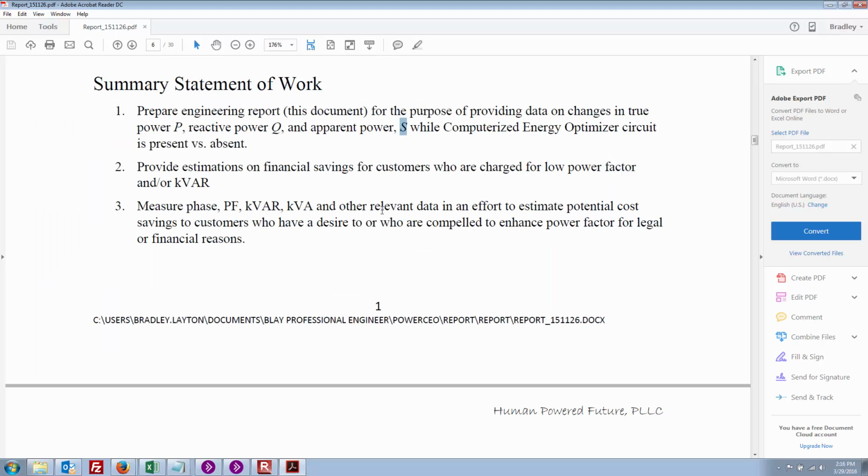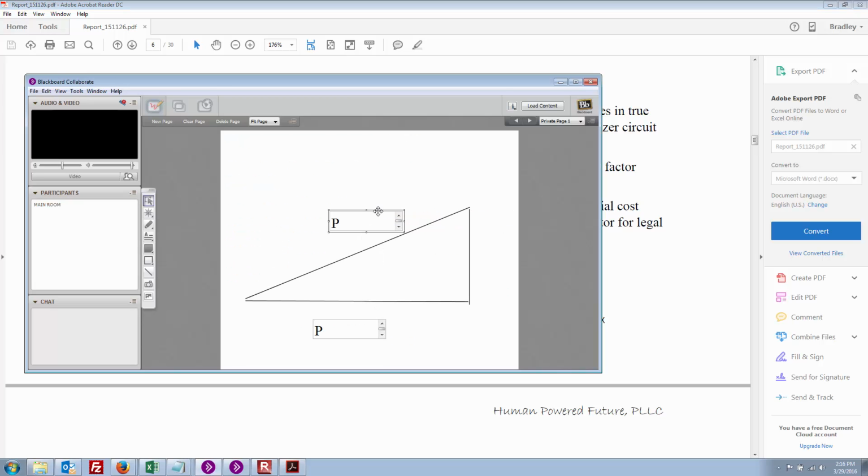Go back to my other document. Apparent power is Q. This Q is up here. Then reactive power is over here.